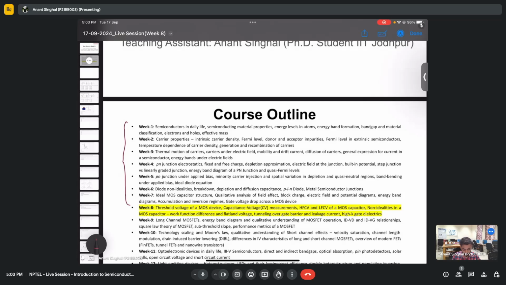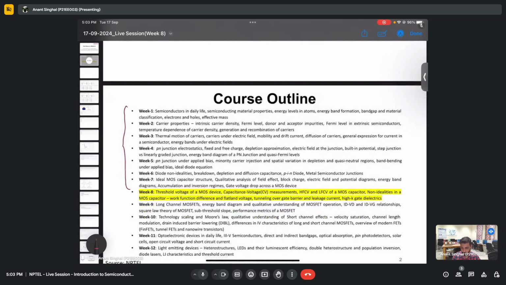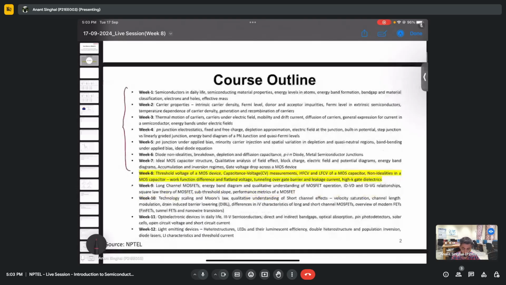And we also gave a go to some numerical problems related to our ideal MOS capacitor, in which we were solving what region it is in, what type of MOS capacitor it is, etc. So in this particular week, we'll be covering some more concepts that will end the MOS capacitor for this course.